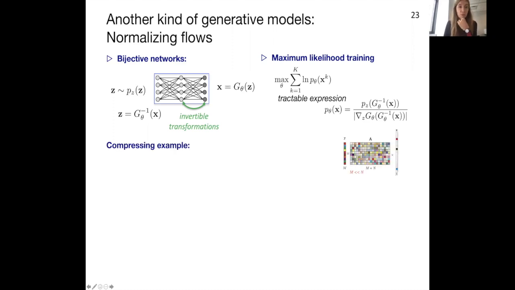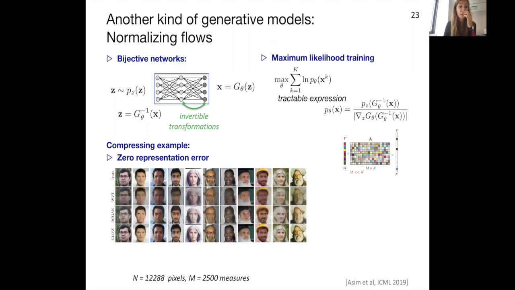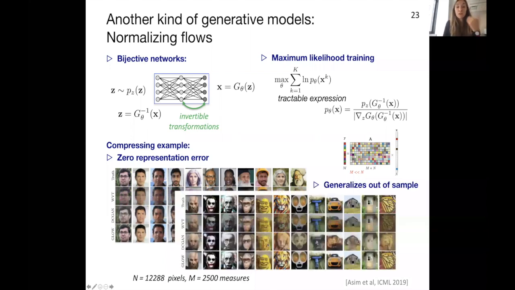And if we go back to this compressive sensing example, we will see that they have zero representation error, meaning that they are able to perfectly reconstruct examples that are not too far from the training set. And they can even generalize well out of the training set. Here you have images even of Shrek that are well reconstructed under this compressive sensing problem, thanks to normalizing flows.